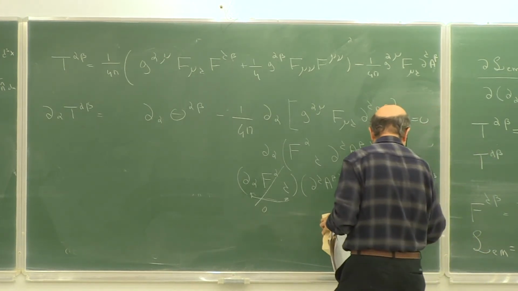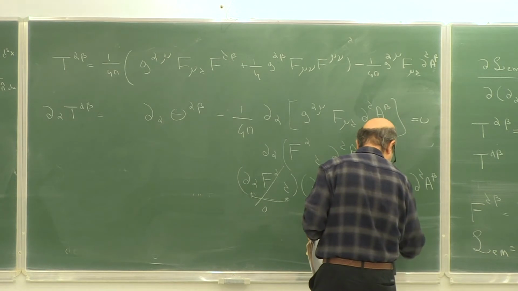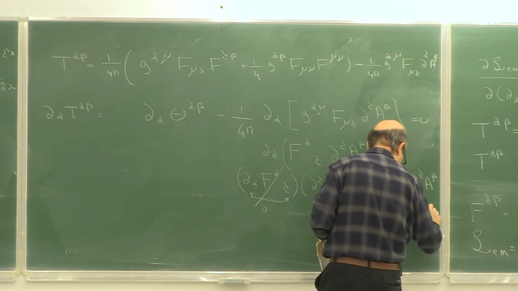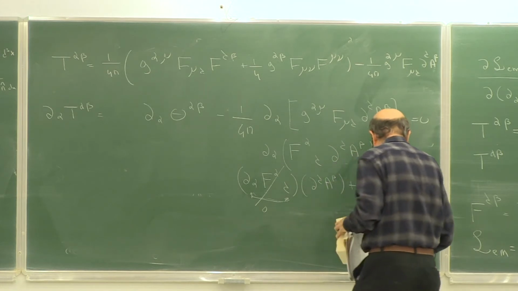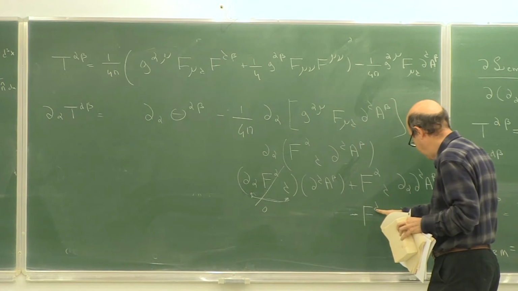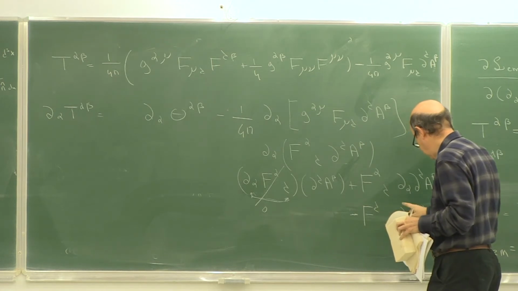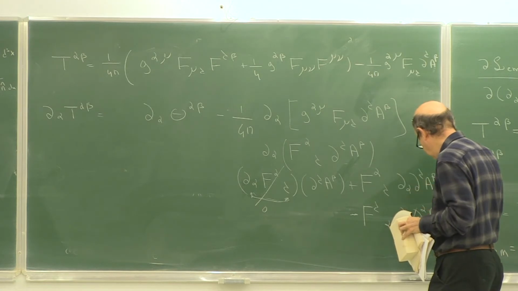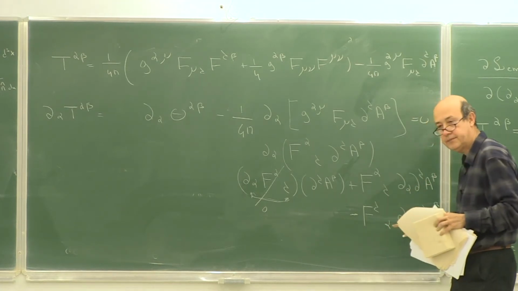If you change the indices, nothing changes. So I change the indices, lambda alpha, I put a minus sign, and I change indices lambda and alpha.